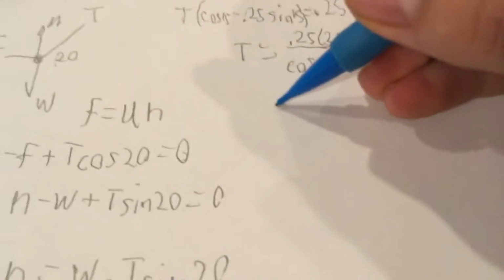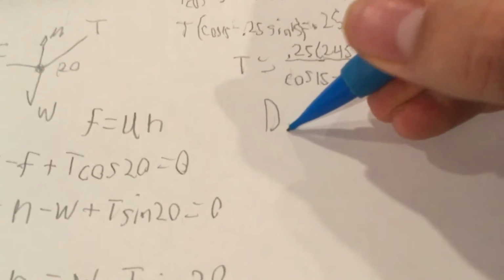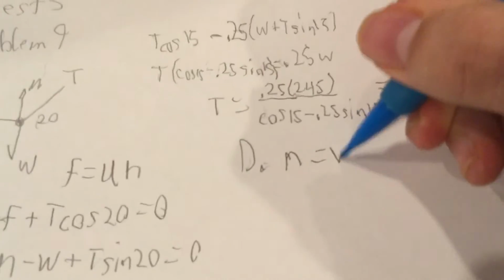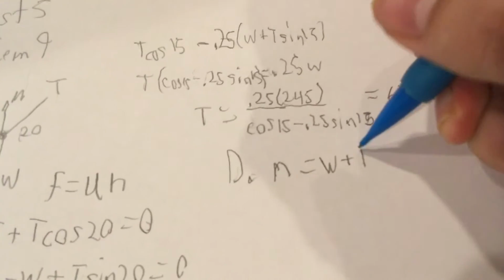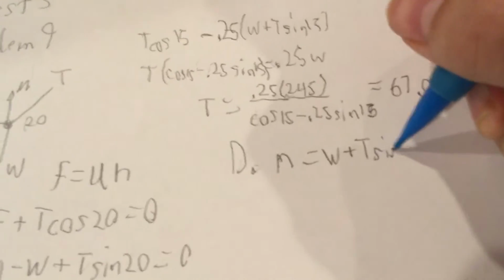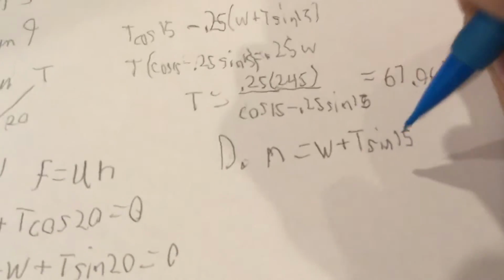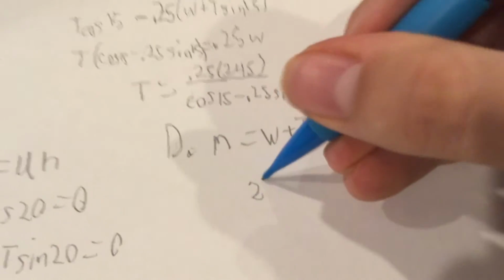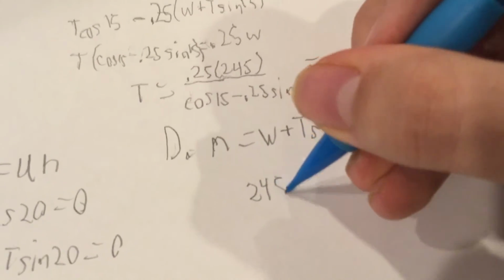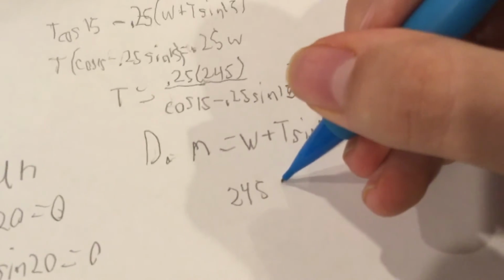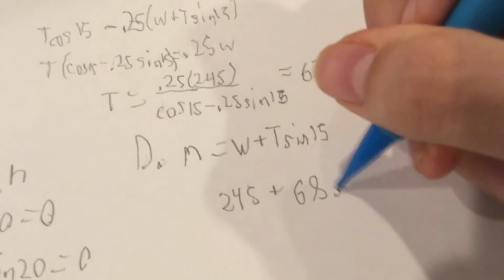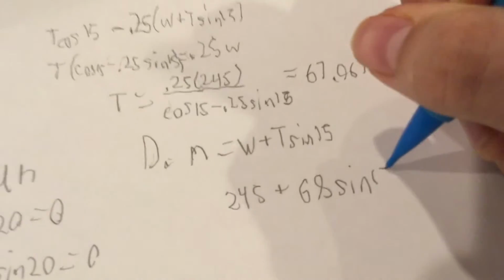Okay, we know that the normal equals W plus T sine 15. So we know 245 plus 68 sine 15.